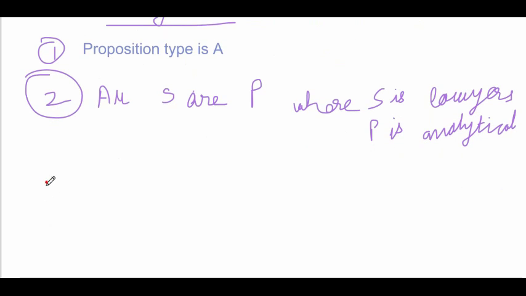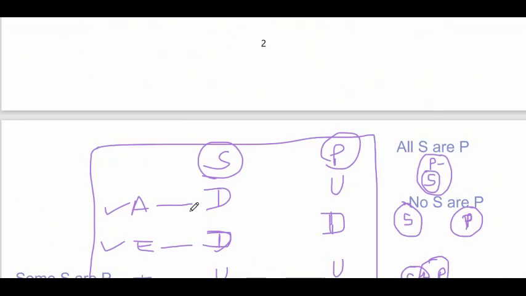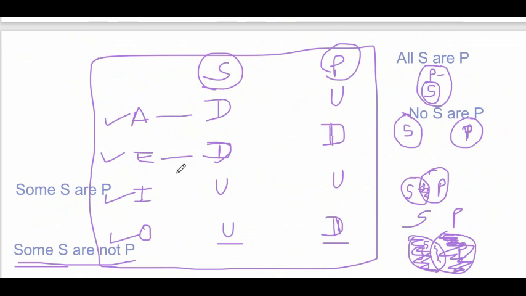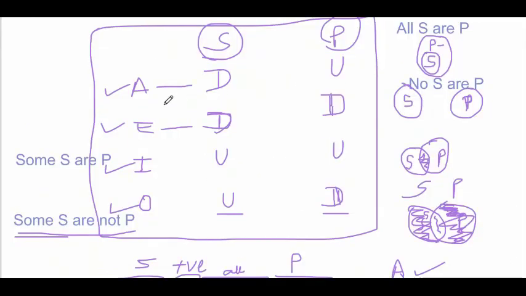Now third is to find the distributed term or the undistributed term. So we'll try to find both. In a proposition, as per the table, I'll not draw the table again. For A type, the subject is distributed and predicate is undistributed.